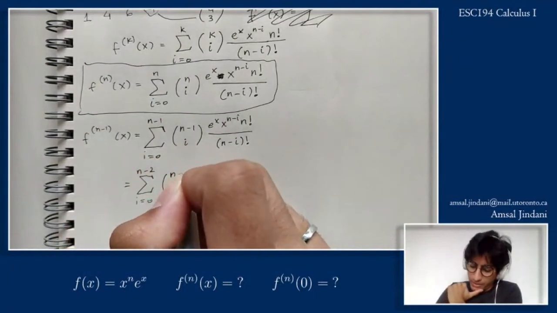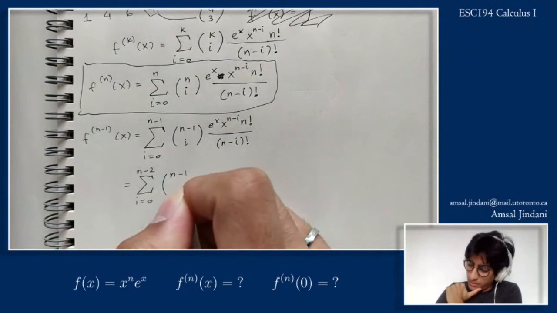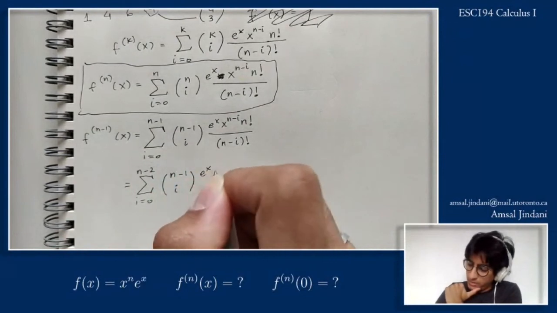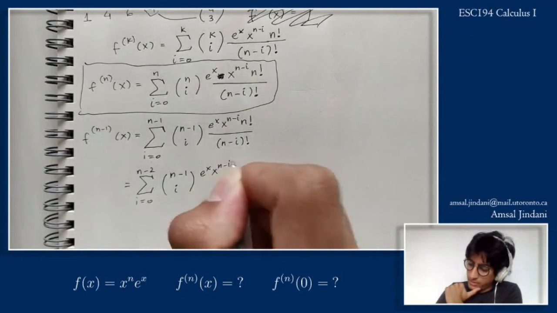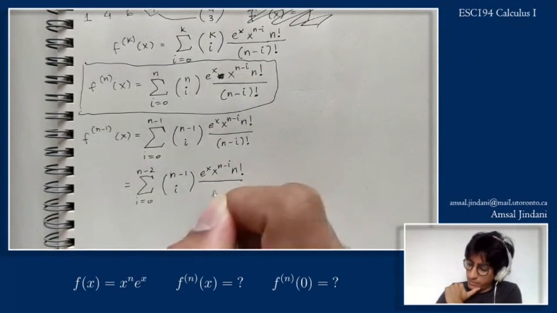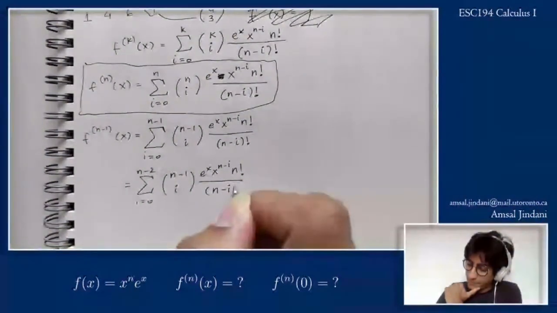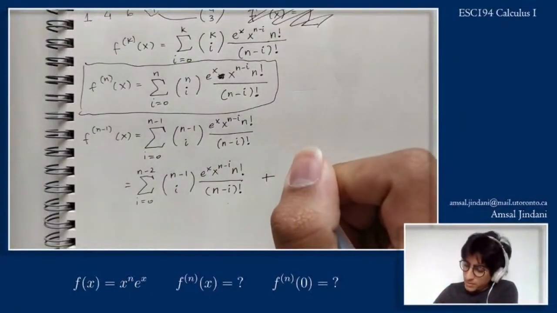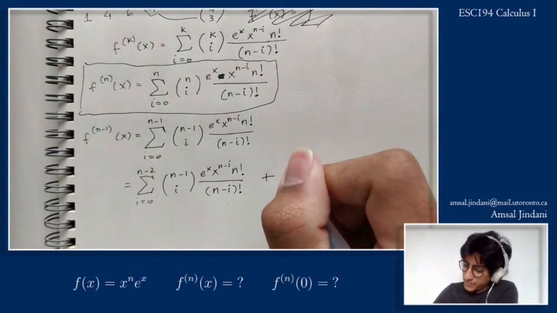And I have n minus 1 choose i, e to the x, x to the n minus i, n factorial over n minus i factorial, plus, what is the last term of the sigma notation?